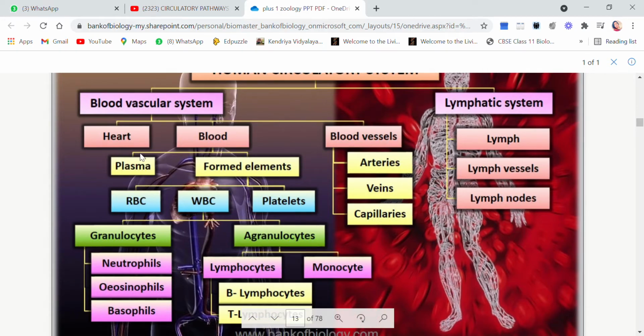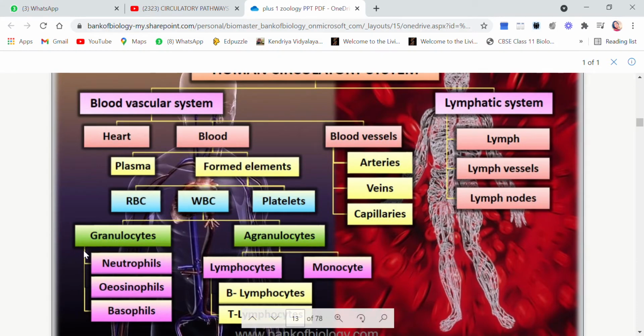Blood is again divided into two parts: plasma, which I told you is the liquid part of the blood, and formed elements, that is the solid part of the blood. They are of three types: RBCs, WBCs and platelets. WBCs or white blood cells are again of two types: granulocytes and agranulocytes.